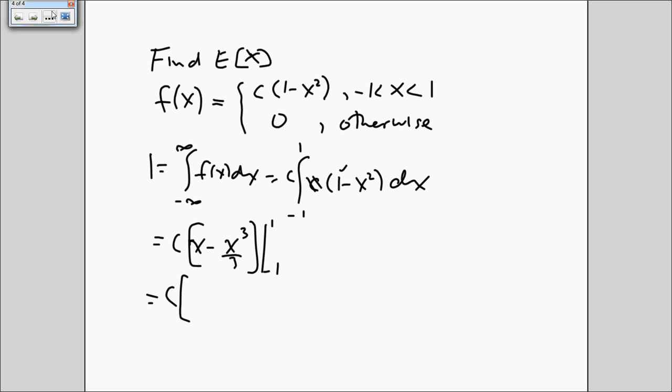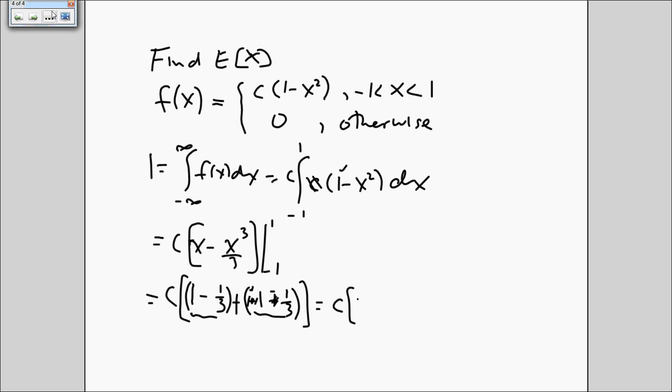When you plug in 1, you get 1 minus a third. Minus, when you plug in -1, you get -1 plus a third. If I change this to addition, I have to change both signs inside: 1 minus a third plus 1 minus a third.